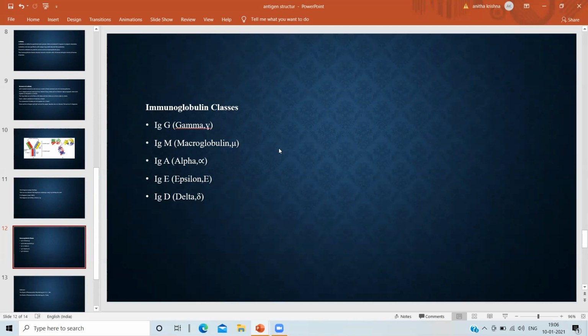Its molecular weight is 9 lakh daltons, and it is often called the millionaire molecule because it has so much molecular weight. 80% of it is confined to the bloodstream and not found extravascularly, whereas IgGs are found intravascularly and extravascularly.